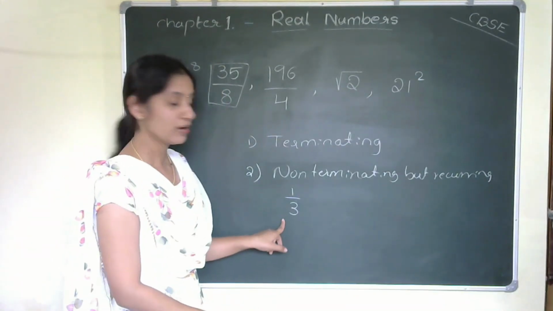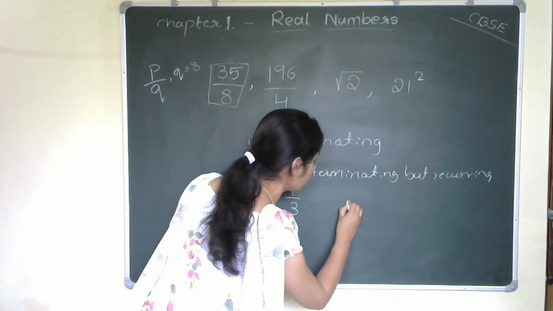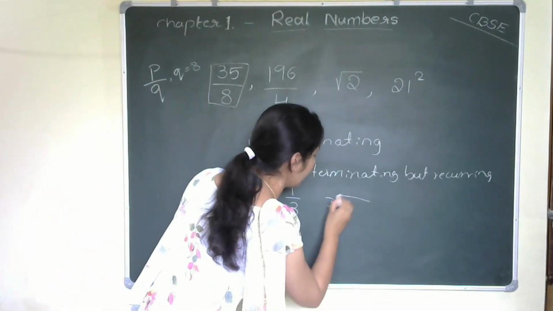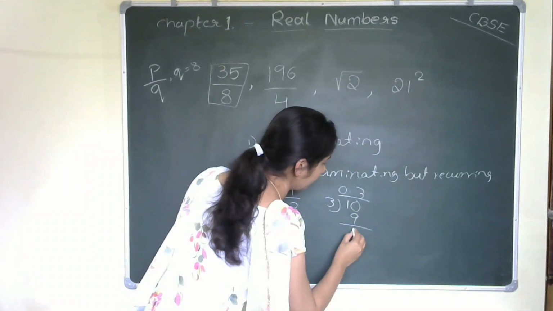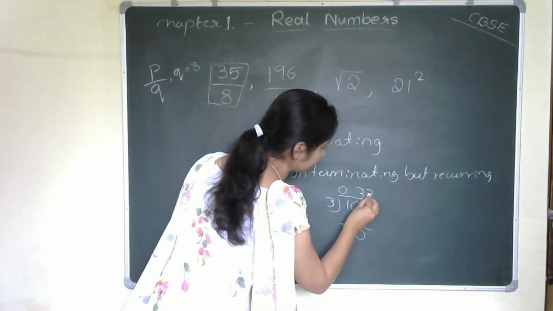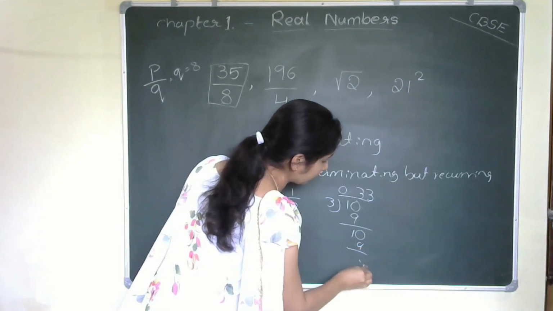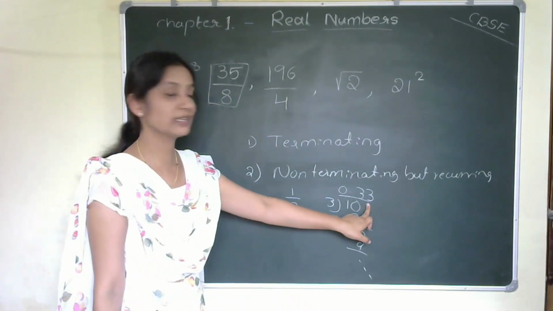Now if you take 1 divided by 3, what will happen? What will be the quotient? I need to take 0, 3 3s are 9, again it is 1, I'll take 0, again 3 3s are 9. So it will continue like that. Yes, you will get 1 and you will get 3 in the quotient.